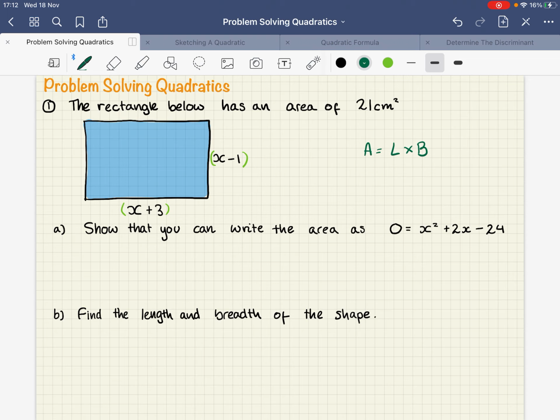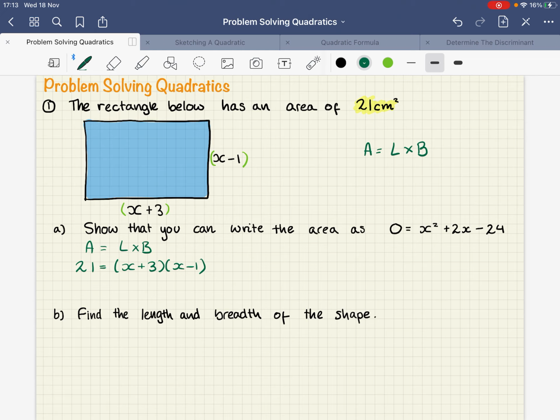So using my formula of area equals length times breadth, I'll just write it down again. We are told that the area is 21 centimeters squared. So I'm going to have 21 equals, and I'm going to have my two brackets, and it doesn't matter what way round I write it, because that shows they're being multiplied.